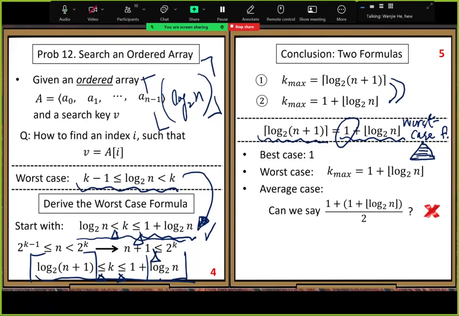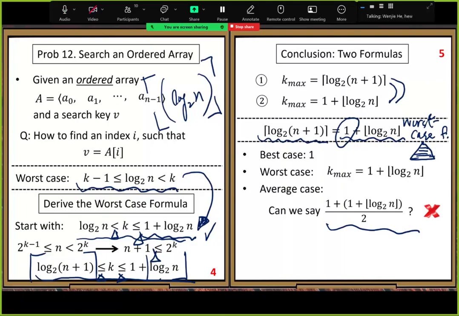Each level has a different number of nodes. When you take an average over all the levels, how can you use the linear way to calculate the average? You cannot use the linear way to calculate the average, so that's the reason. You cannot use this simple formula to calculate.